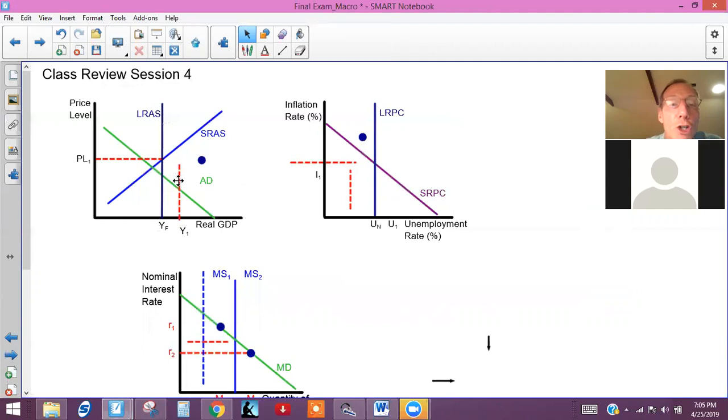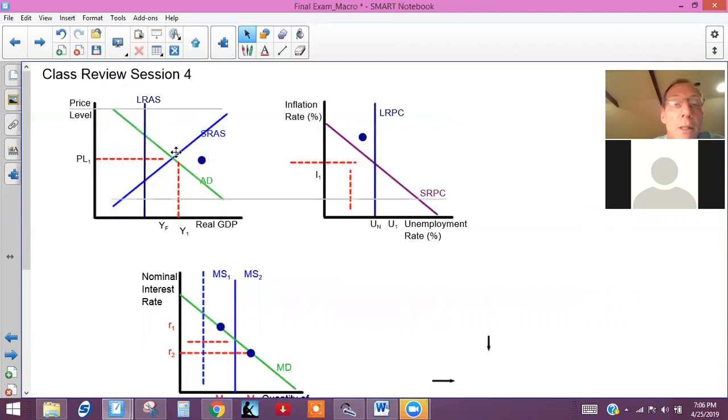And if your short run equilibrium is to the right of the long run aggregate supply, which is your potential, right? And this should all be reviewed. But if your short run is over here, let's make this easier to see.